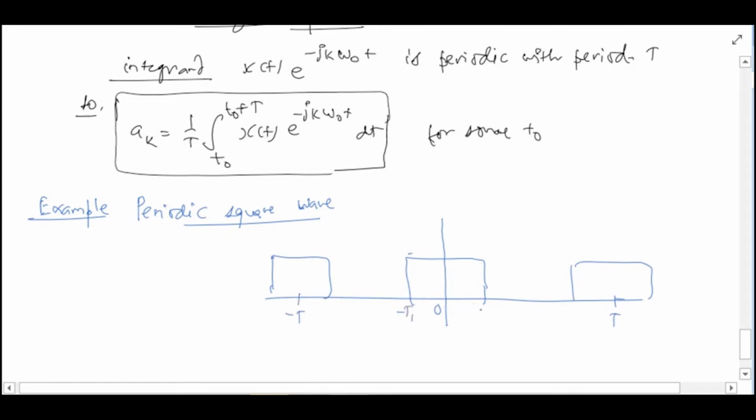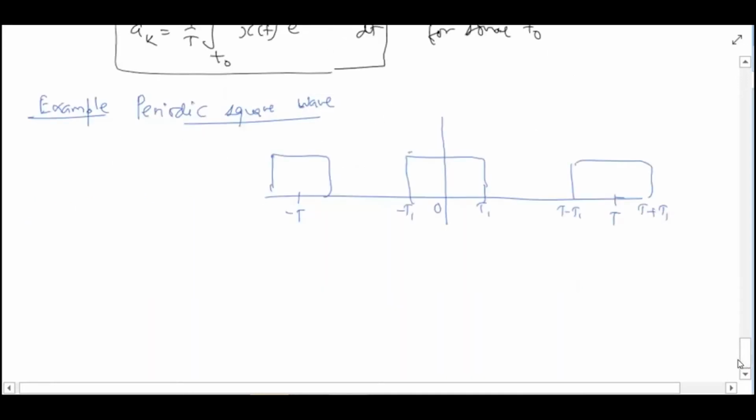So this is minus T1 to T1. This will be T minus T1 to T plus T1 and so on. Okay, so clearly this is a periodic signal with period T, and the coefficients can be computed as follows.